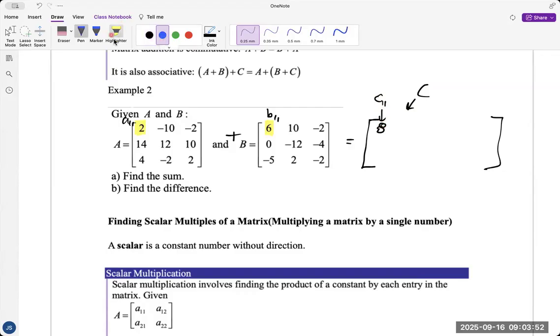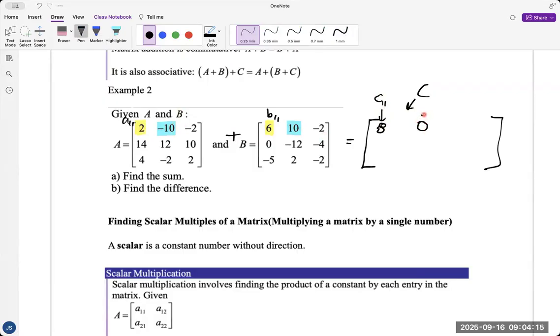And then I just do that with every single entry. So that was the first row, first column. Then I'm going to go across, I'm sorry, first row, second column. We're going to add those together. And so negative 10 plus positive 10, that's 0.